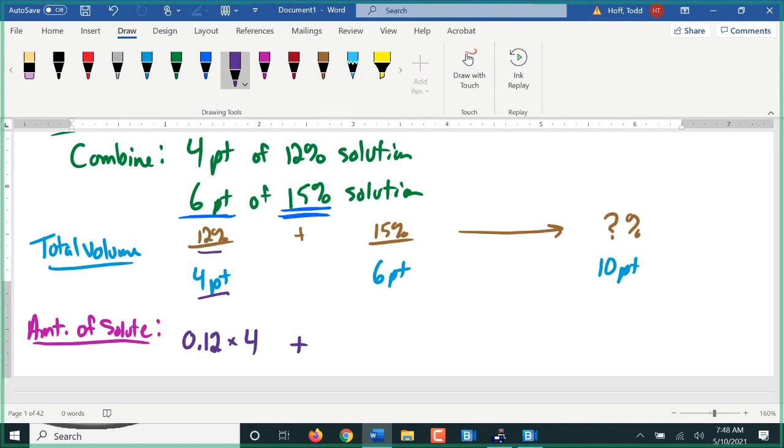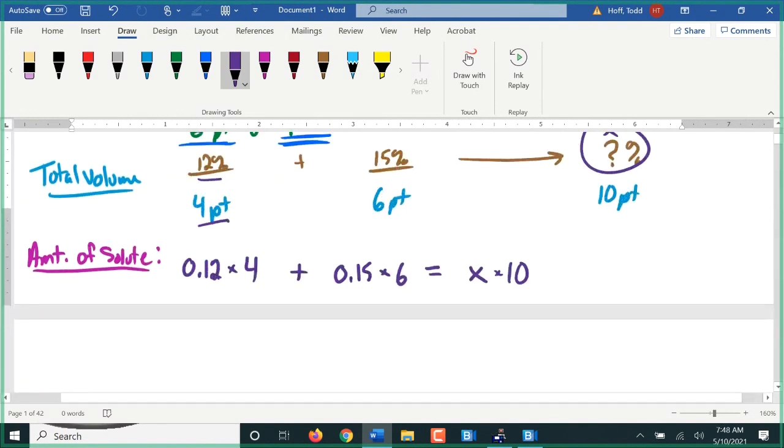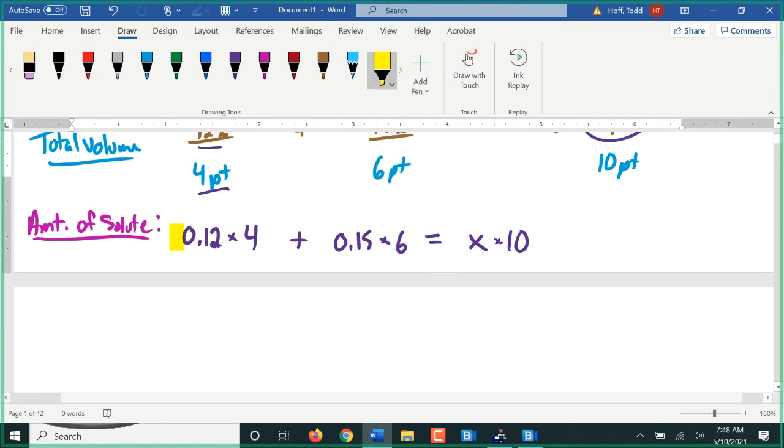The 15% solution, the concentration is 0.15 times the amount of that solution, which is 6 pints. 0.15 times 6. That has to add up to give us whatever's over here. So I'm going to use x as my concentration times 10 pints. So this is the equation now that I can solve.